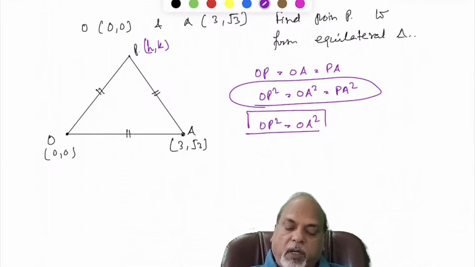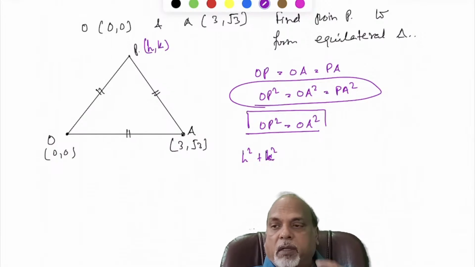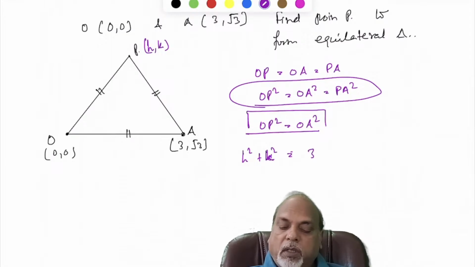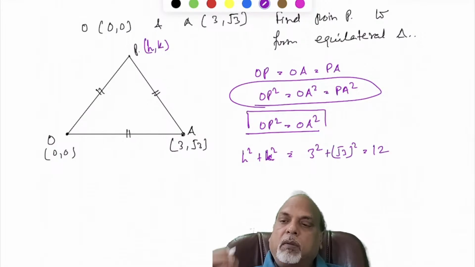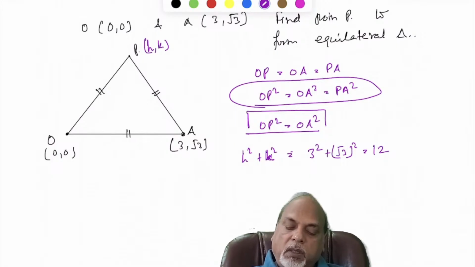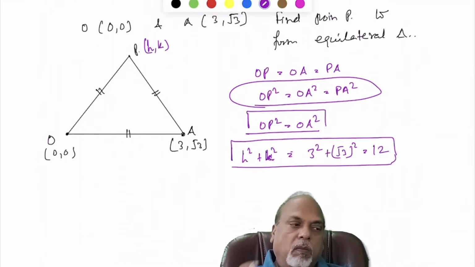OP square is nothing but H square plus K square. And what is OA square? OA square is nothing but 3 square plus root 3 square, means 12. Correct? So this is one equation.